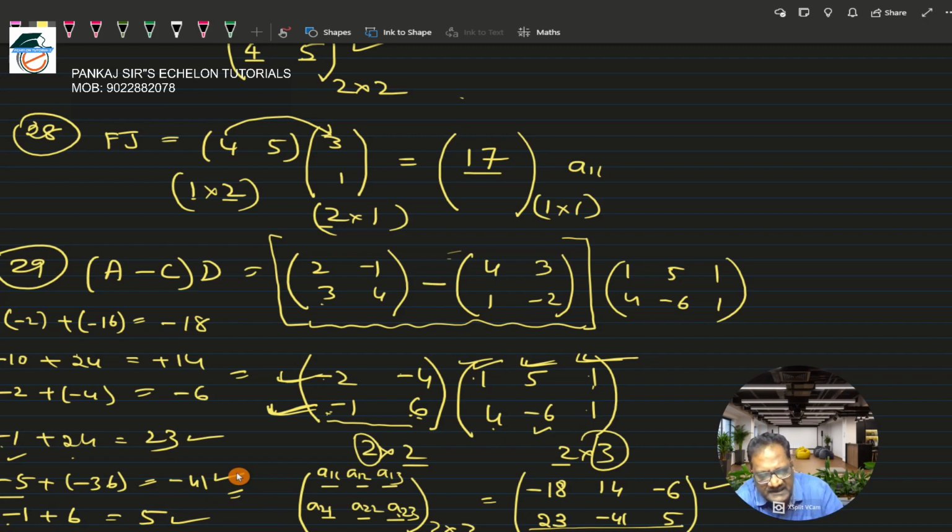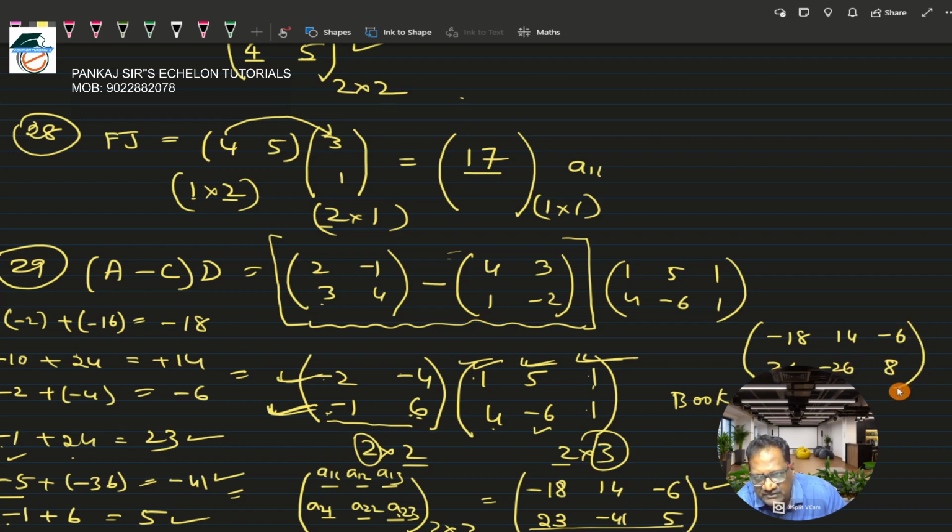In the book behind, the answer given is, let me write down the answer for you. The book answer is given as minus 18, 14 and a minus 6. The first row is correct, but the second row in the book is given as 26, minus 26 and a 8.